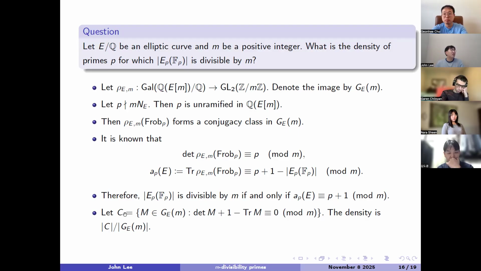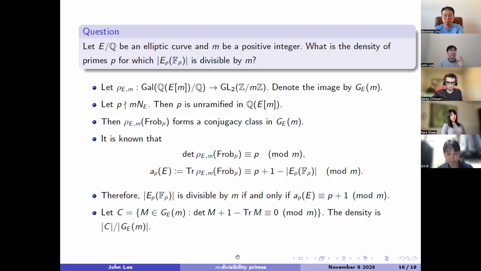So I define this C, a subset of G_m, where det(M) + 1 minus trace is congruent to 0 mod m. That is going to measure the density of primes such that the determinant is the rho of Frob_p, and the trace is p + 1 minus the size of E(F_p), which is divisible by n. The density of such primes is the size of C over the size of G_m.